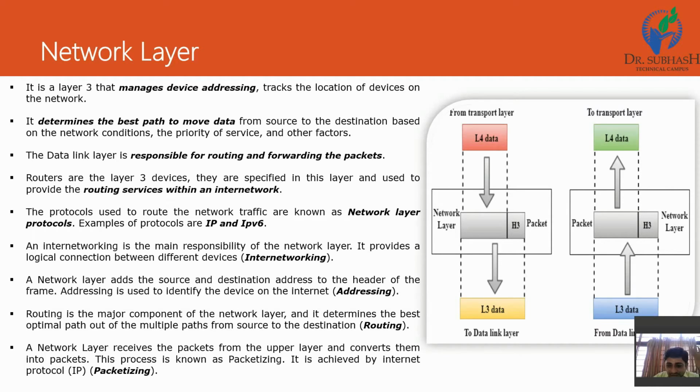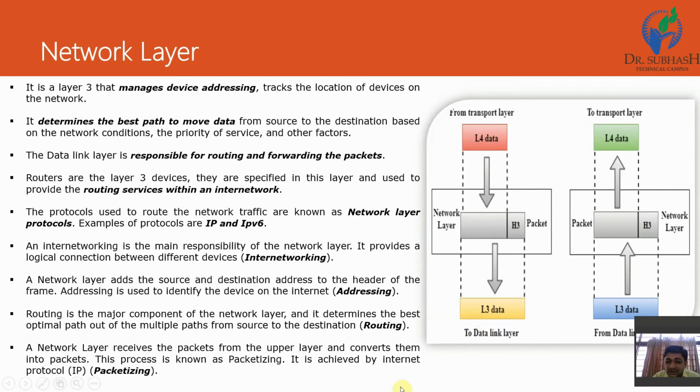Now in the network layer, as the frame goes ahead, the network layer adds the source as well as destination address to the header of the frame. Addressing is used to identify the device on the internet. Why are we using addressing? To identify a particular computer within a network. That is another task, and that is addressing.